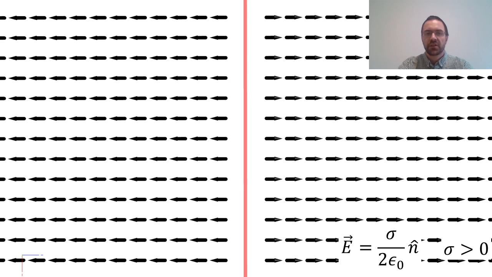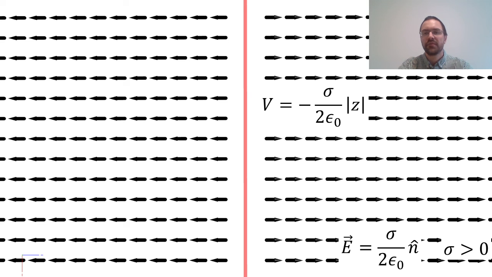Coming back to our charged infinite plane viewed from the side, remember the black arrows represent the electric field. Here the charge density sigma is positive, and E is sigma over 2 epsilon naught along n hat. So using that V is minus the integral of E dot dl, you can find that V is minus sigma over 2 epsilon naught z, where z is in the direction perpendicular to the plane.